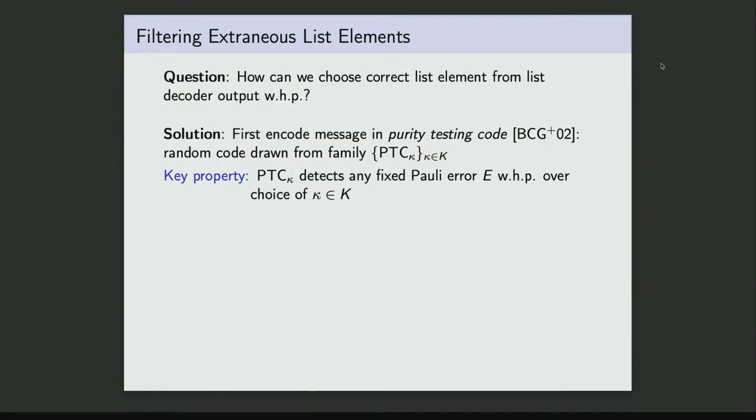We have some family of codes, PTC, indexed by a classical key kappa. What we want to do is choose a random element of this family, PTC sub kappa, which has the property that it detects any fixed Pauli error E with high probability over the choice of secret key kappa. So we first fix the error E, then for a random kappa, a code in this family will probably detect that error E.